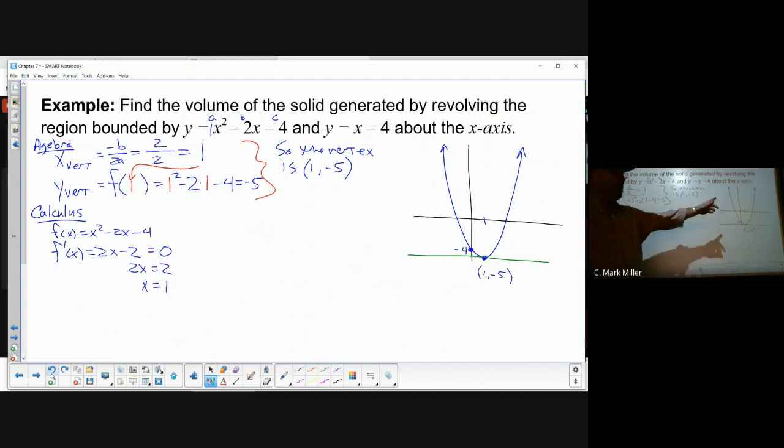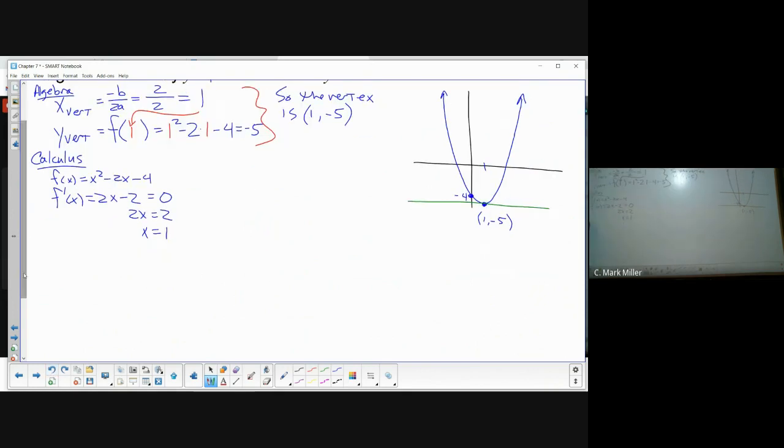Now you also know it opens upward because the leading coefficient is positive. So that should tell you right away it's a minimum. But let's suppose you don't notice that. How do you test whether that's a minimum or maximum? You use either the first derivative test or the second derivative test. And since I'm just in the mood, f double prime of x is 2. That is greater than 0.